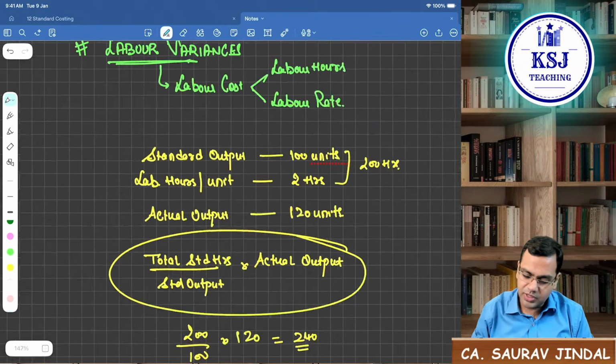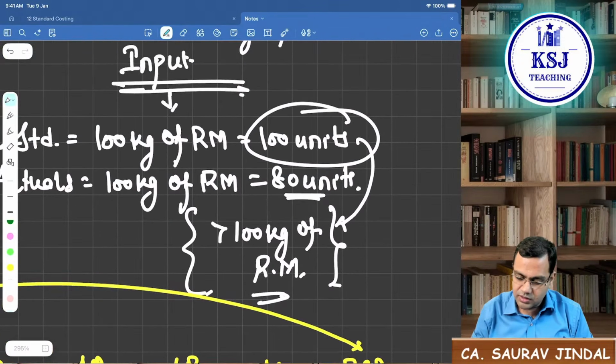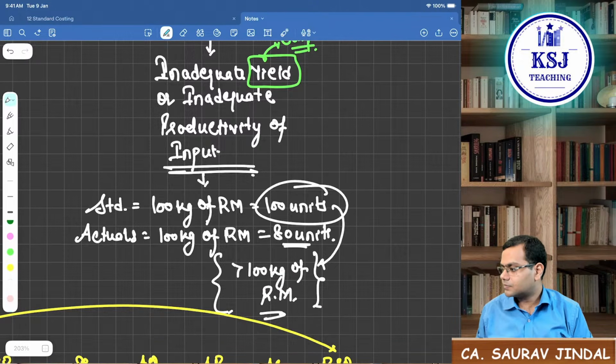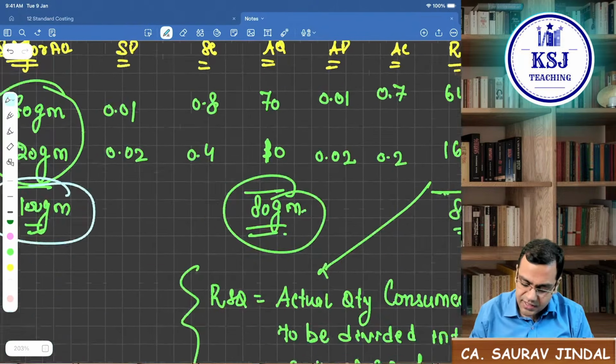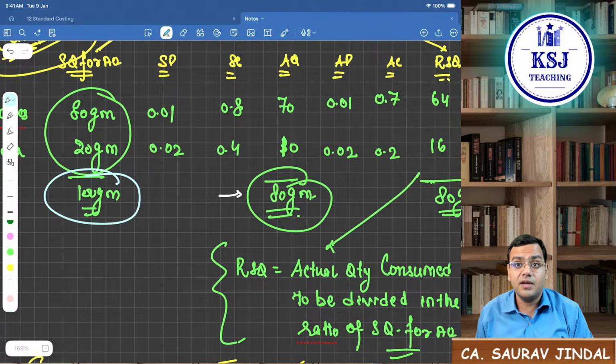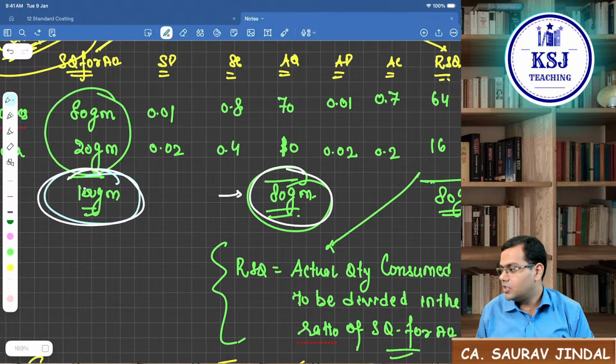Here, just try to understand: if the same thing can be made with less raw material, earlier you were making one sandwich with 100 grams, now you can make one sandwich with 80 grams, so you can manufacture more sandwiches.